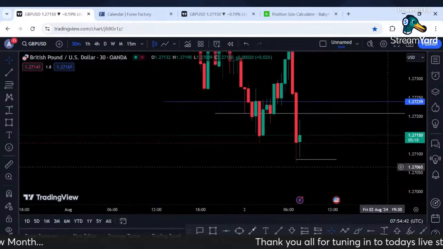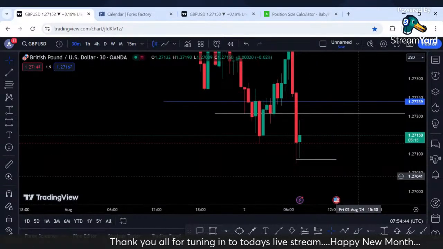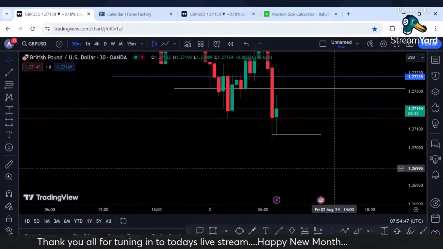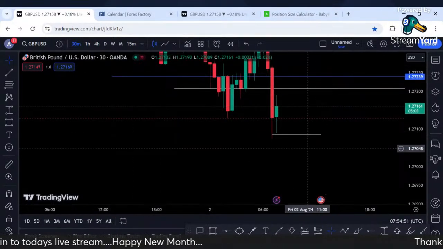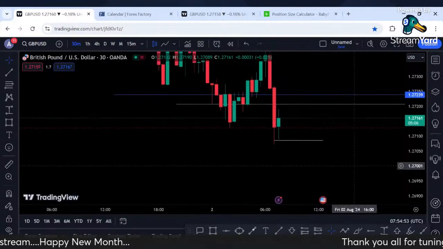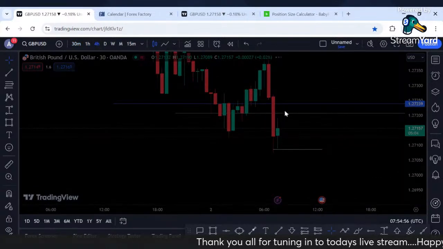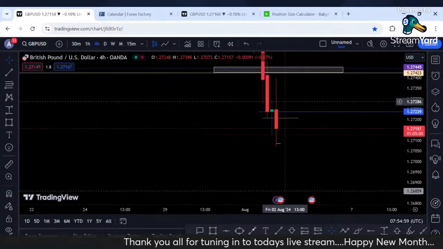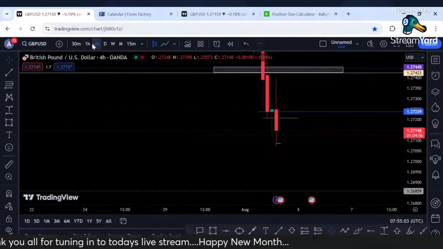So there are 5 minutes left for the candle to close. Let's wait for the closure of the candle and see. Either it will move further down. This candle has broken the dip. It again broke the dip.